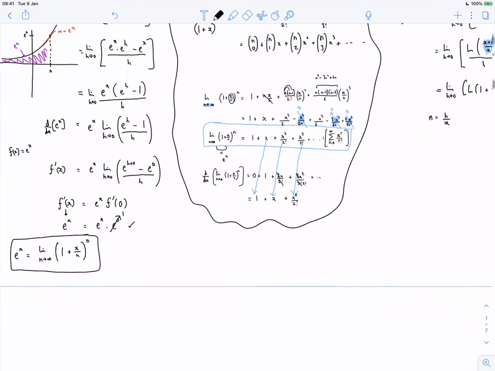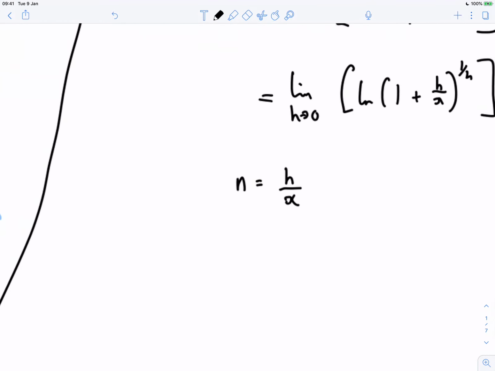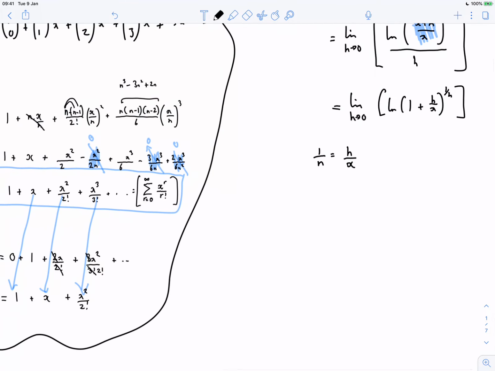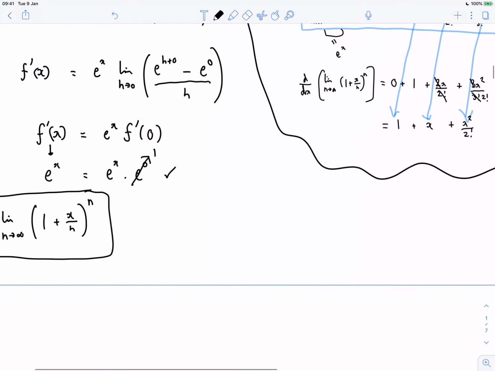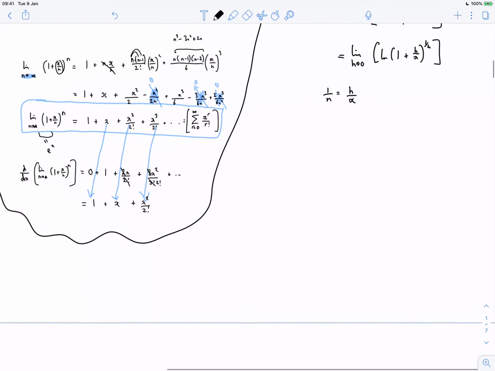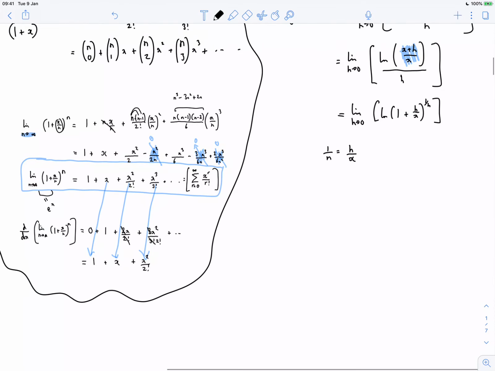No, I don't want that, sorry. Not n, it's 1 over n, isn't it? Okay, let 1 over n equal h over x, because then what will happen is if x was 1, then the middle bit should be 1 plus 1 over n. Okay, and that's fairly easy to sort out.